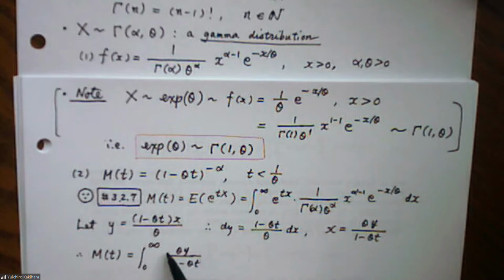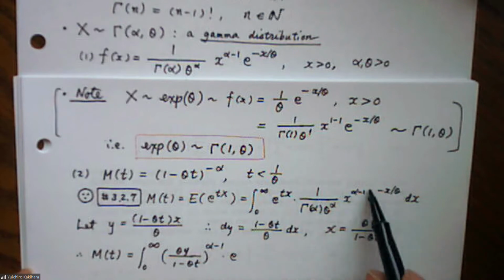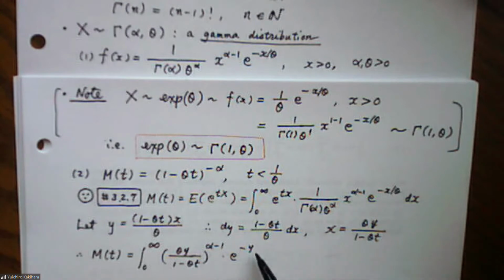This is x, and to the power alpha minus 1, and then times e to the negative y. And when you combine these two guys, then you can see that it's going to be just e to the negative y. E to the negative y comes from this times this, simply. So that's what this is.